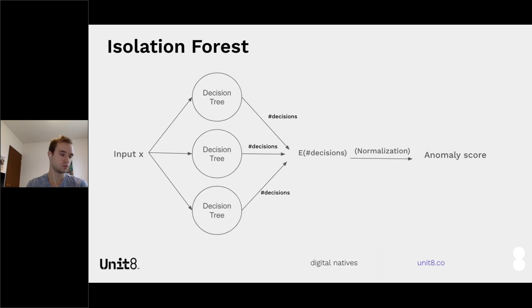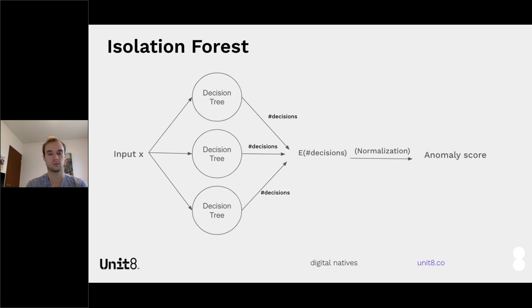So this is what the generalization looks like, of course, with a reduced number of random decision trees displayed here. You have to keep in mind that you need many more trees than we just showed you to get a valid number of decisions.